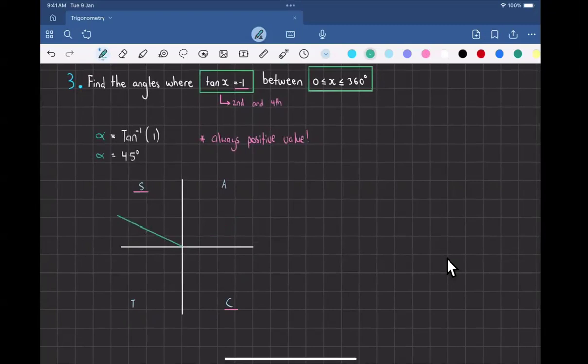So it'll be 45 here, 45 here. So when I'm going to find my answer, it would look something like that. So Kirsten, what is my answer in the second quadrant? Drop it in the chat.